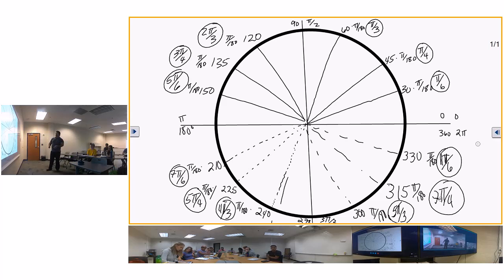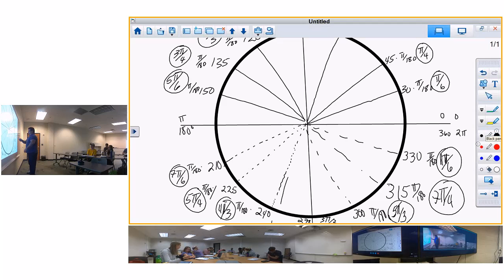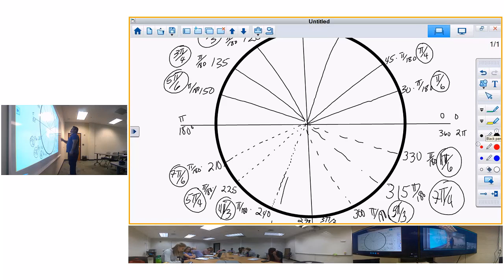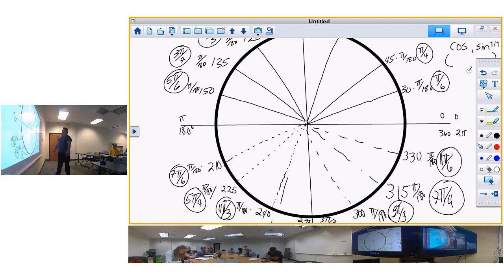Now I'm going to show you another trick I learned in the war. When you're talking about the unit circle, the cosine comes first and the sine comes second. This is your coordinate. If I'm going to go right here and get this coordinate, in the x direction I'm going 1, and in the y direction, I'm going 0.